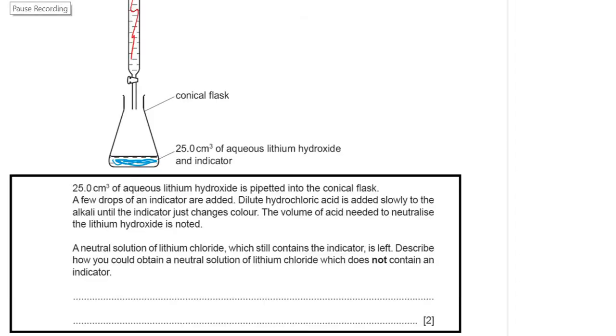The first part of the question asks, how can you obtain a neutral solution of the lithium chloride which does not contain an indicator? Because the main purpose of this is to make the lithium chloride salt, pure salt. There are 2 ways we can do this.